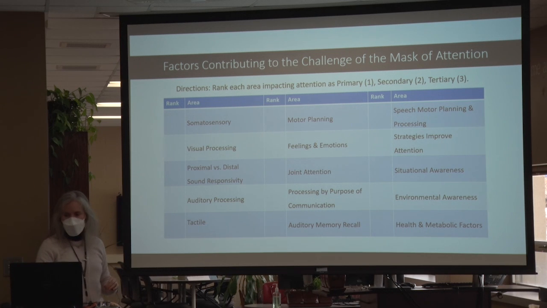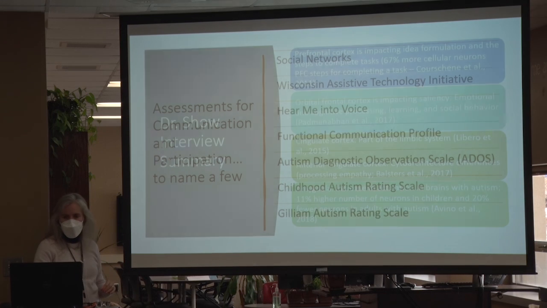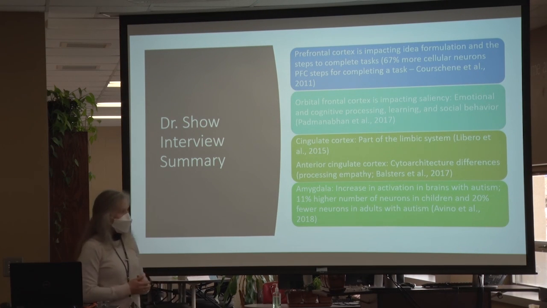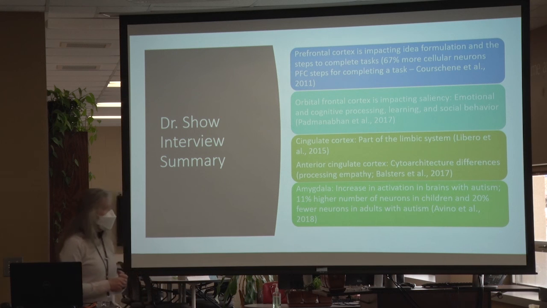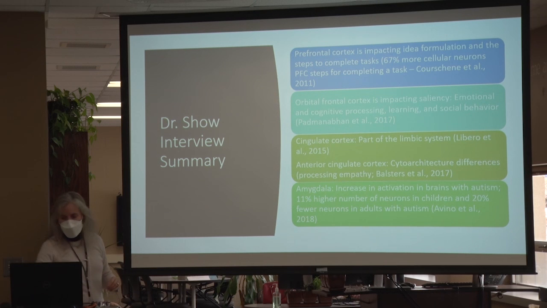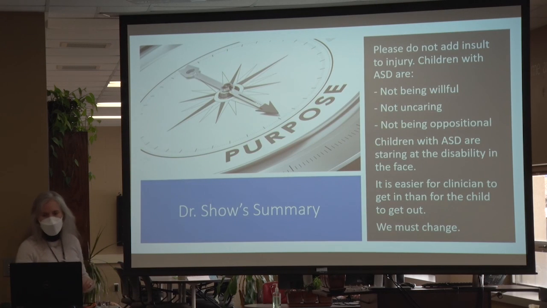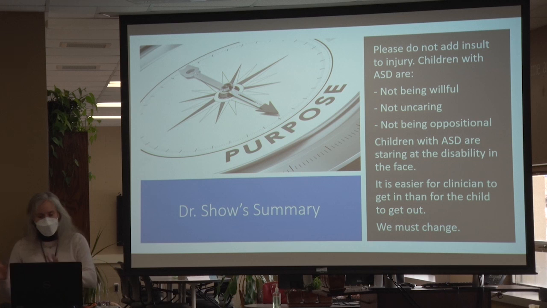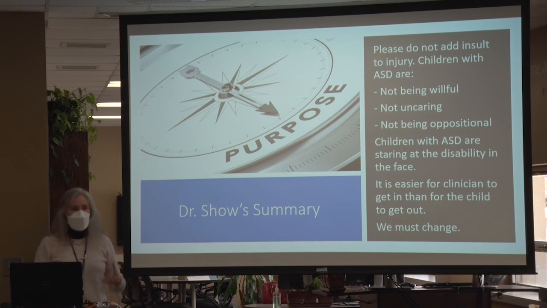All right, and then the main message I'd like to take away is when I met with Dr. Sho, she's an amazing neurologist, and her child has autism. And she said, you know what, these kids are not being willful, they're not uncaring, they're not trying to be oppositional, it is possibly one of the characteristics, but they're living with this disability.